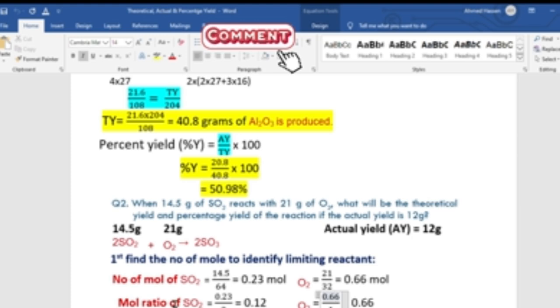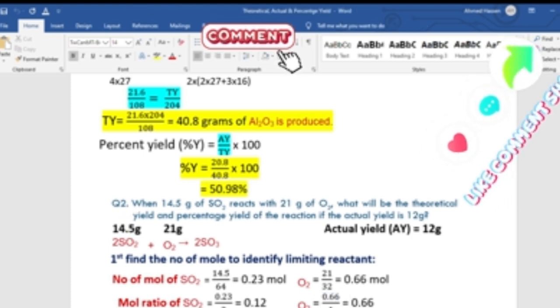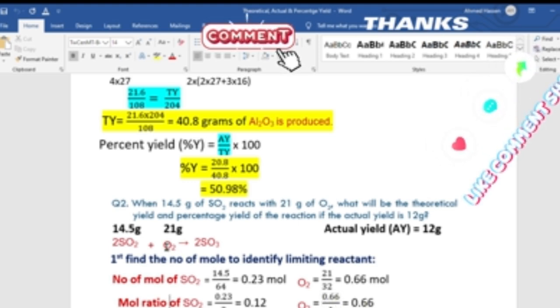Then the mole ratio of each substance will be calculated. Mole ratio means number of moles divided by the coefficient, which is equal to 0.12 for sulfur dioxide. Whereas the mole ratio of oxygen is itself, because the coefficient of oxygen is 1. Therefore, the limiting reactant is sulfur dioxide.